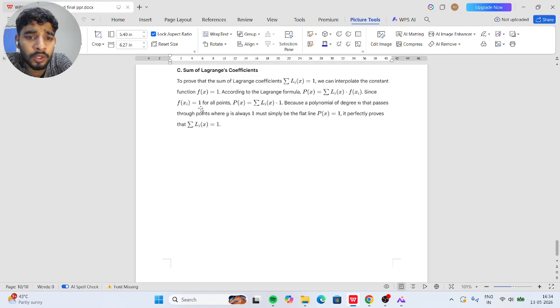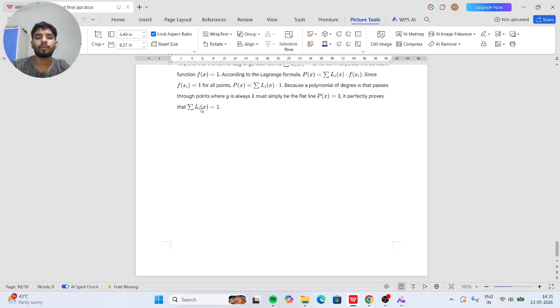Since f(xi) equals 1 for all points, P(x) equals summation of Li(x) times 1, because a polynomial of degree n that passes through points where y is always 1 must be the flat line. So P(x) equals 1, which perfectly proves that the summation of Li(x) equals 1.